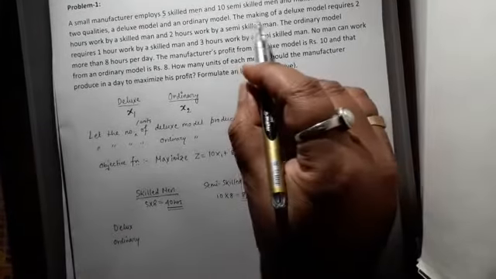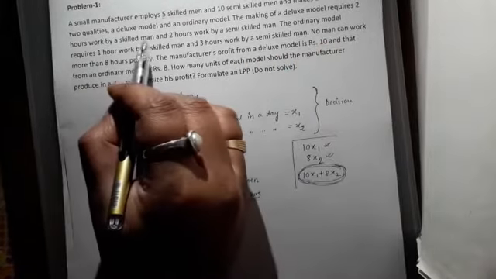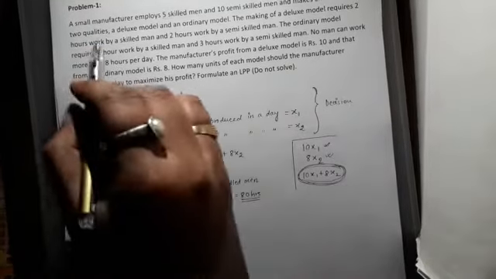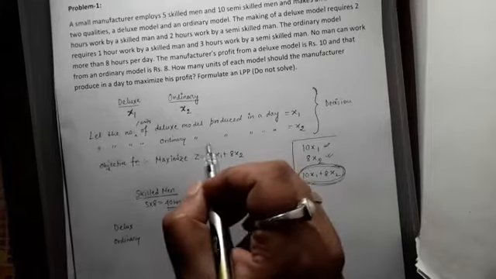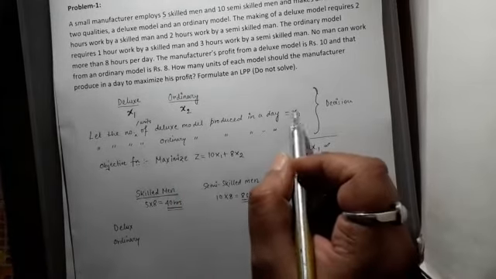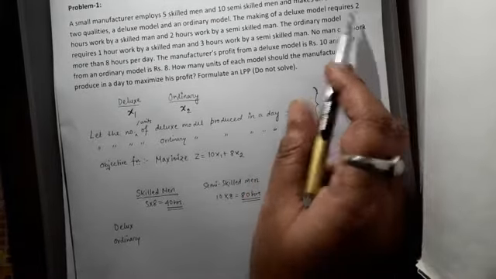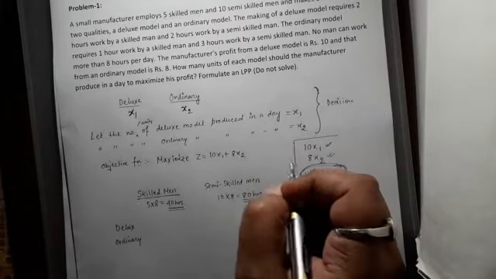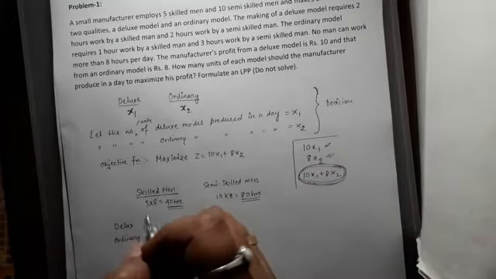Making a deluxe model requires 2 hours work by a skilled man. So one deluxe model requires 2 hours work by a skilled man. What is the number of units that we are producing? Deluxe model, x1 units. So for x1 units, what is the total number of hours you will need from a skilled man for the deluxe model?